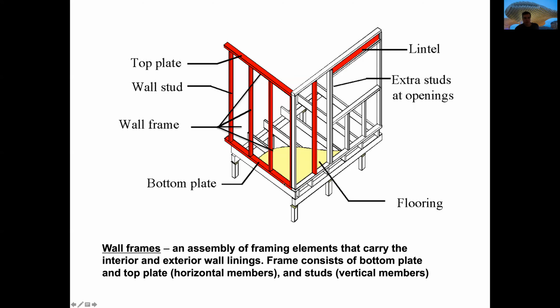Between those elements, we have wall studs, which are all the vertical elements. In the corners, we can have multiple studs. What also happens is that when we have windows or doors, we can have an extra stud. After, when we have those openings, we will have a lintel, and the lintel will be supporting a longer span, therefore it is thicker.